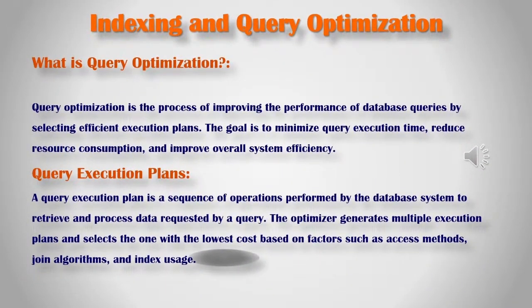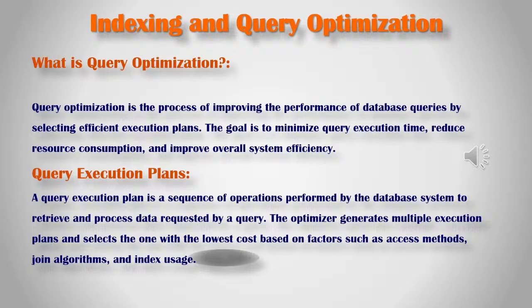What is query optimization? Query optimization is the process of improving the performance of database queries by selecting efficient execution plans. The goal is to minimize query execution time, reduce resource consumption, and improve overall system efficiency. Query execution plans.